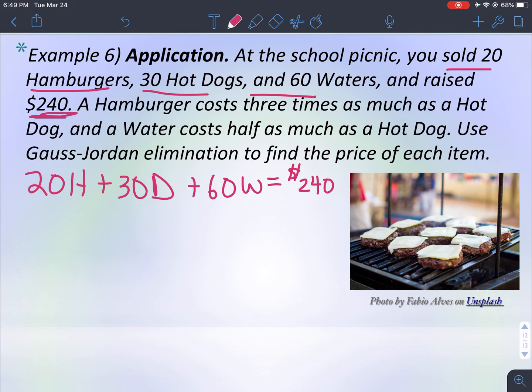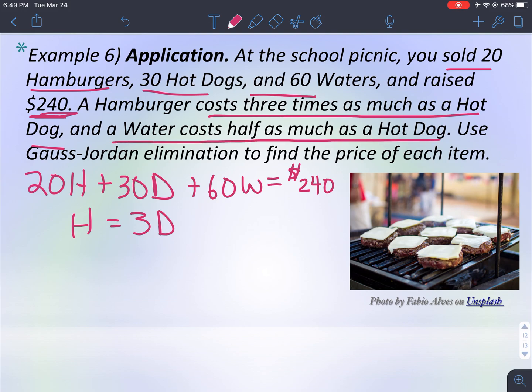A hamburger costs 3 times as much as a hot dog. A water costs half as much as a hot dog. A water is half the price of a hot dog.